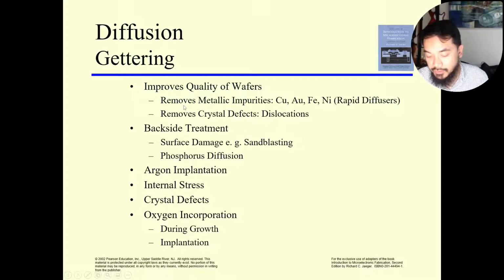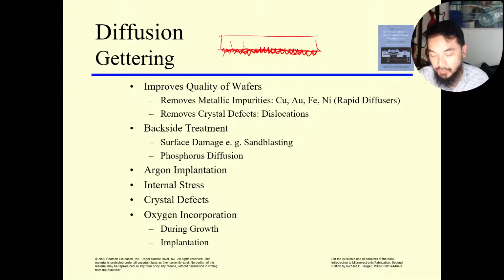I want you to read through what gettering is, but essentially, if you have a wafer, you introduce impurity or physical defects at the bottom so that, as you heat it up during diffusion, it will attract impurities which are not supposed to be there, such as heavy metals and some other metals. You can have surface damage, or you can include impurity atoms at the bottom of the wafer as a trapping agent to trap all the other unwanted impurity atoms which are not part of your dopants.